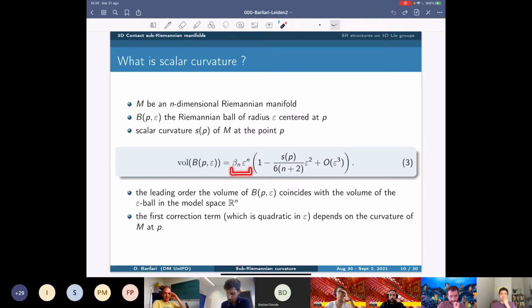The leading order term is nothing but the volume of the epsilon ball in the Euclidean R^n, which is the model space. Then we have a correction term, and the first term is given by the scalar curvature, and it is quadratic in epsilon.